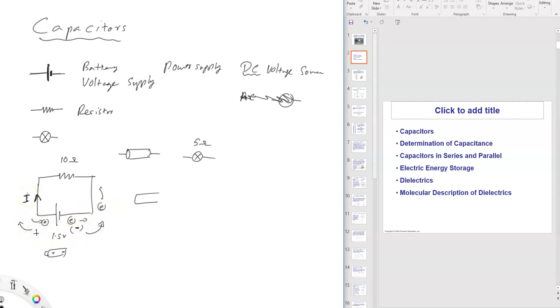So it's really not wrong, right? You can say positives going to the left is the same as negatives going to the right. So we're going to continue to draw the direction of current from positive to negative, but keep in mind it's really electrons going in the other direction. So that's number two.